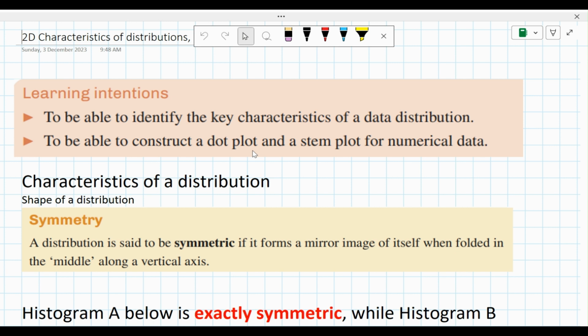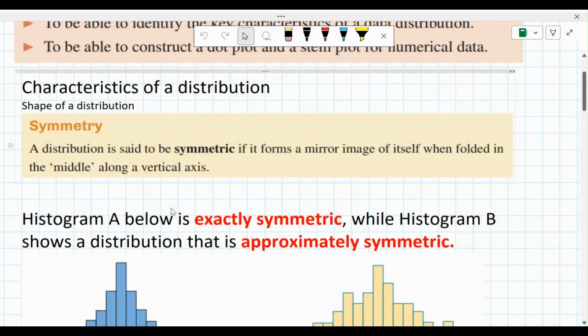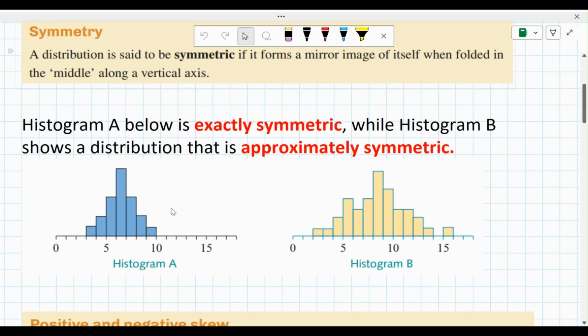symmetry. My mistake. So symmetry means the distribution is said to be symmetric if the form is a mirror image of itself, folding in the middle along the vertical axis. As we know, for the histograms below, histogram A is exactly symmetric, and histogram B shows a distribution that is approximately symmetric.